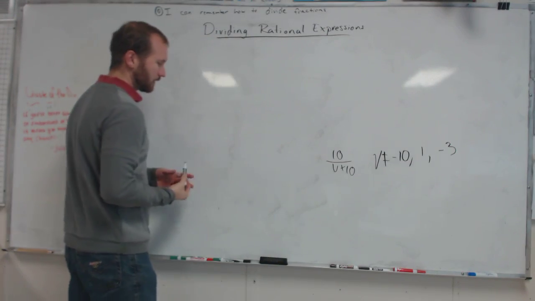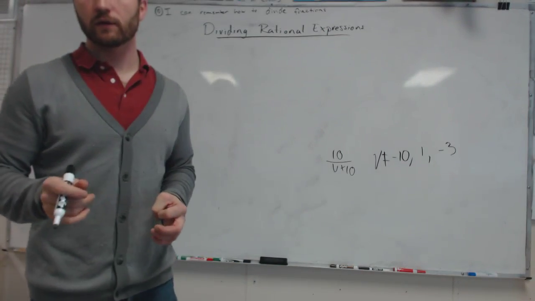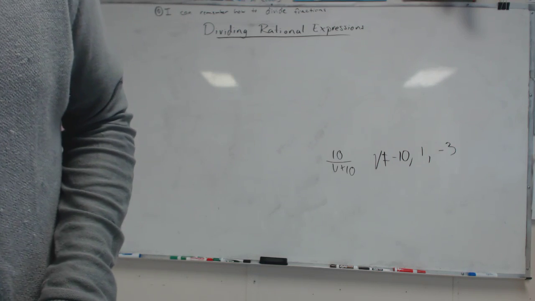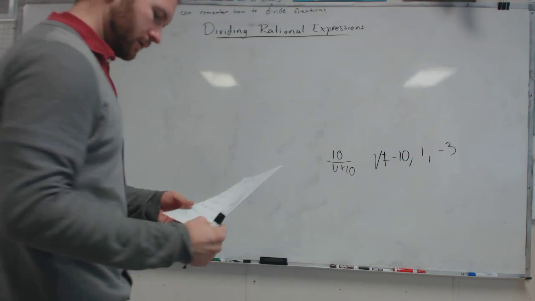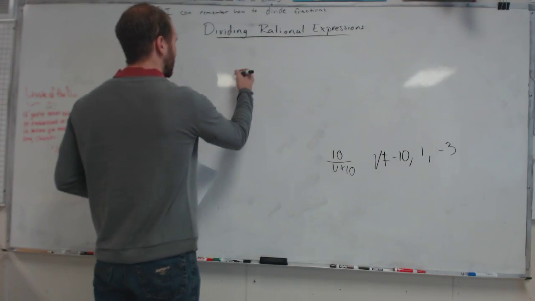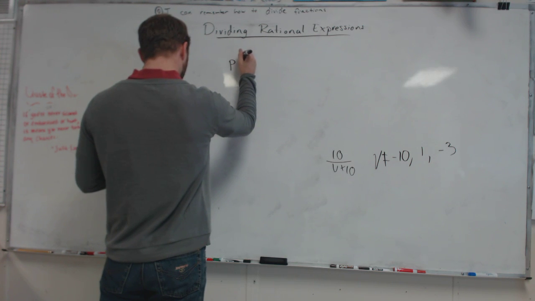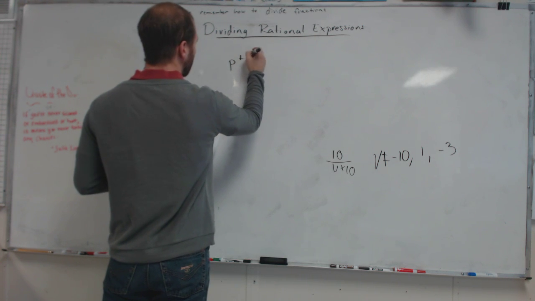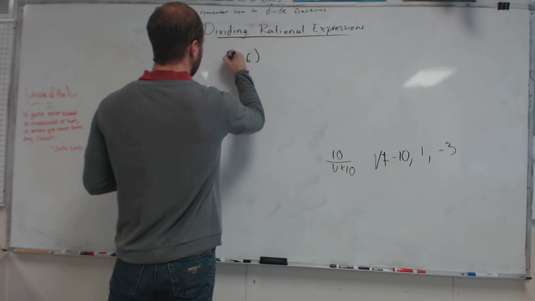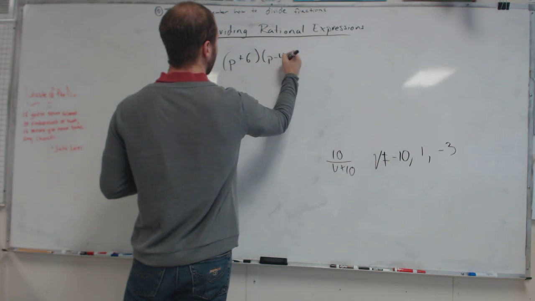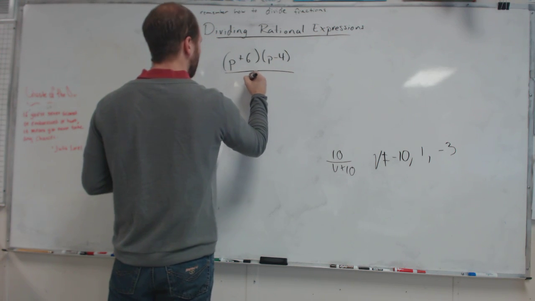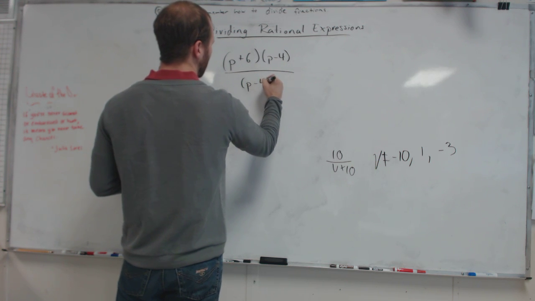Which is, what if you have something like p plus 6, p minus 4, over p plus 4.